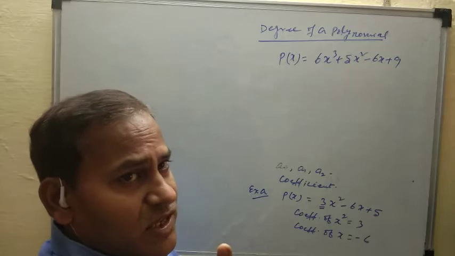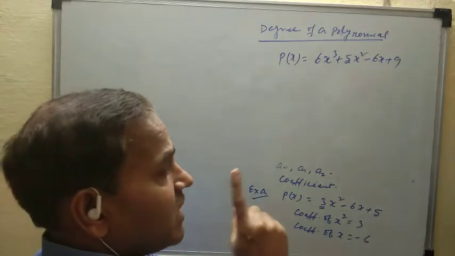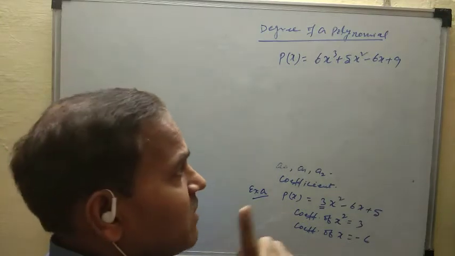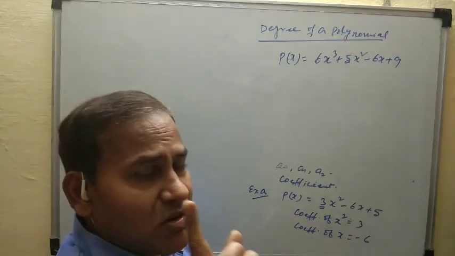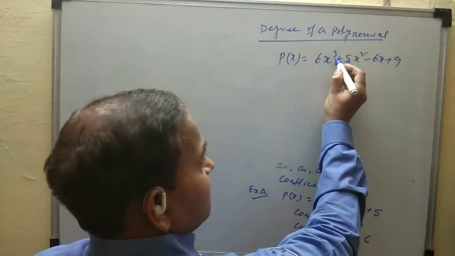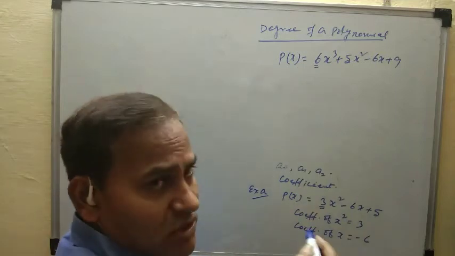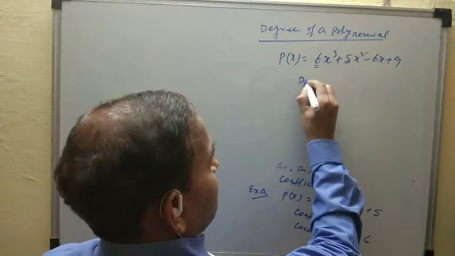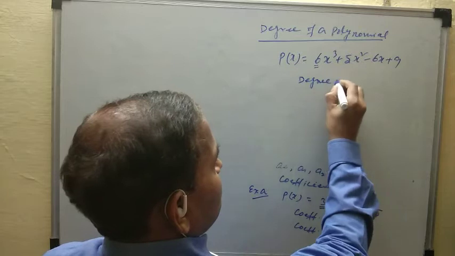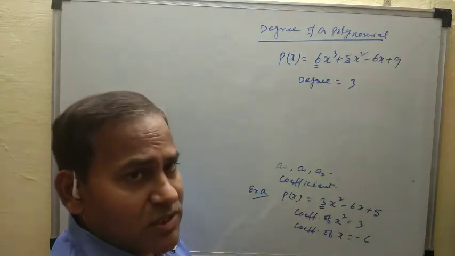Here x is a variable term, and the maximum power of x is called the degree of that polynomial. So the maximum power is 3, whose coefficient is 6, which is non-zero. So degree is equal to 3. Maximum power is called degree.